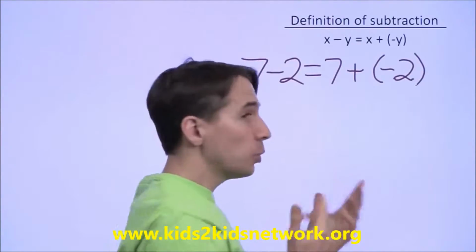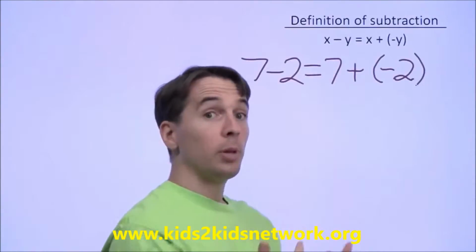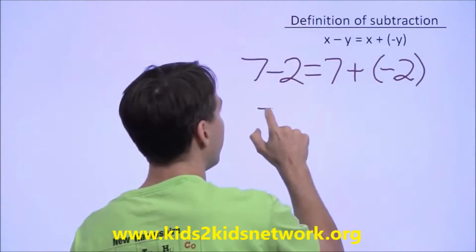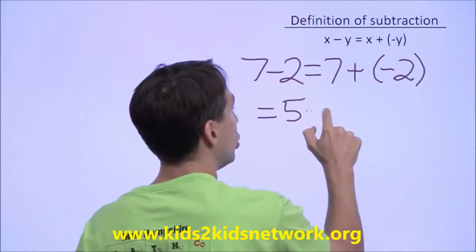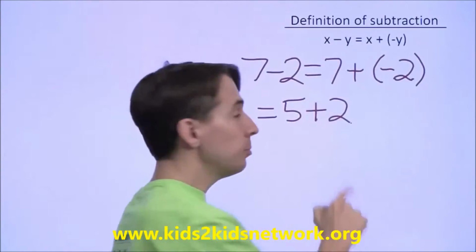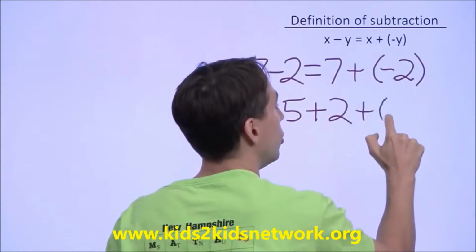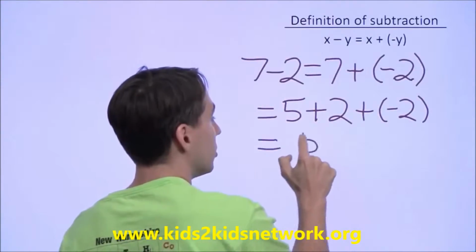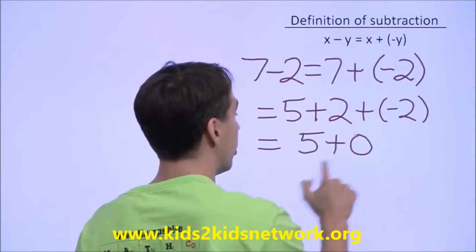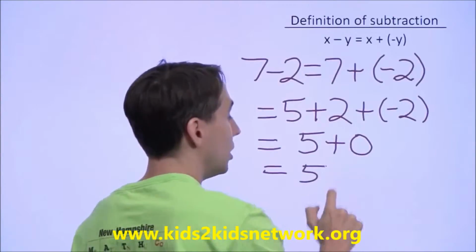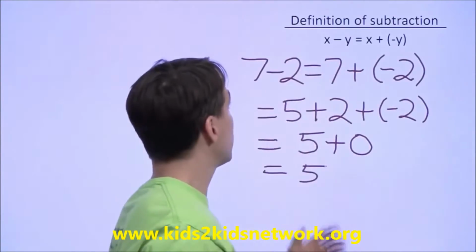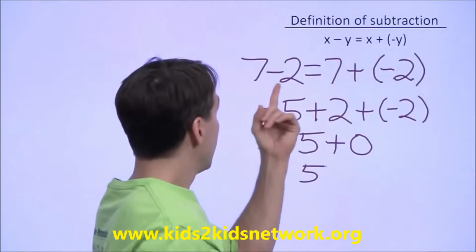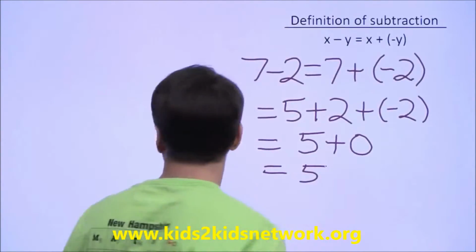And in order to add these, we remember that negative 2 plus 2 is 0, so we write 5 plus 2 for 7, because we know that we can add that 2 to negative 2, and we'll get 0. So this is 5 plus 0, and 5 plus 0, of course, is just 5. So sure enough, our definition of subtraction gives us exactly what we expected.